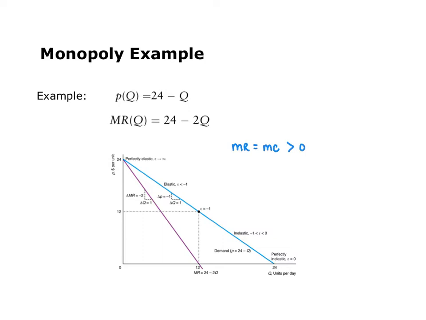It's only going to cost more or the same amount to produce more. When marginal cost is positive, what that means is the monopoly will end up producing where marginal revenue is also positive. And where marginal revenue is positive, we are operating in the elastic region of the demand curve. Monopolies will therefore choose to produce in the elastic region of demand when marginal cost is positive.